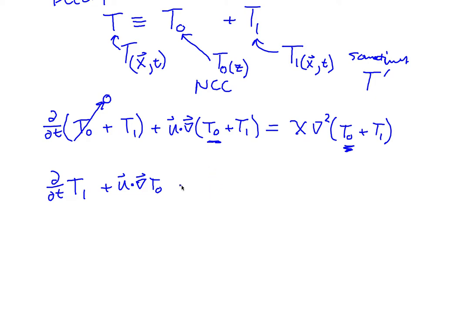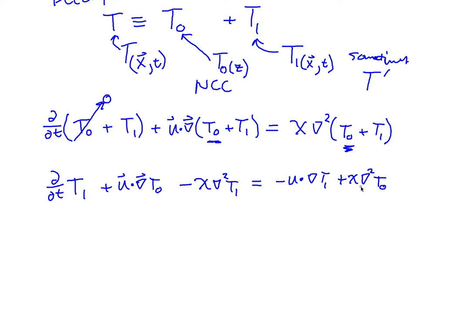And then we're going to have a minus chi del squared T1. I'm going to take the other terms and move them to the right-hand side. So we have a minus u dot grad T1, and we have a plus chi Laplacian on T0.